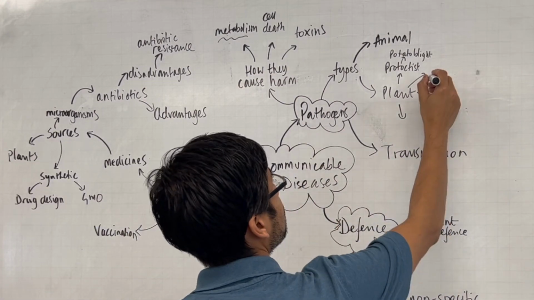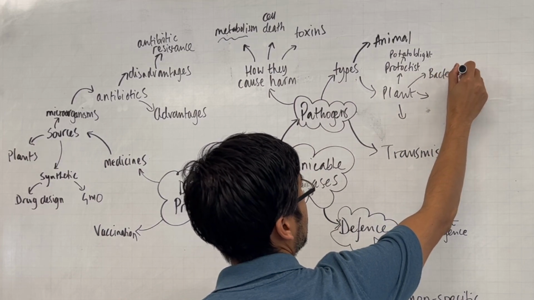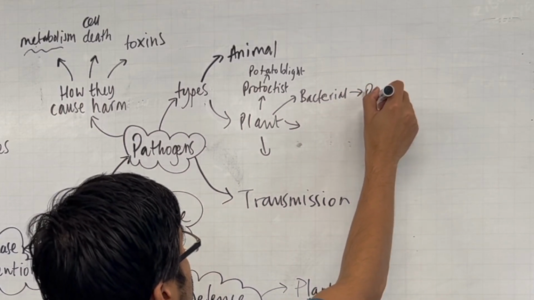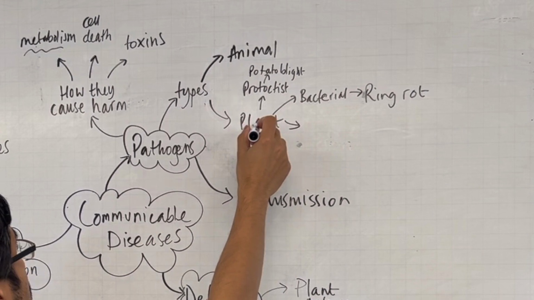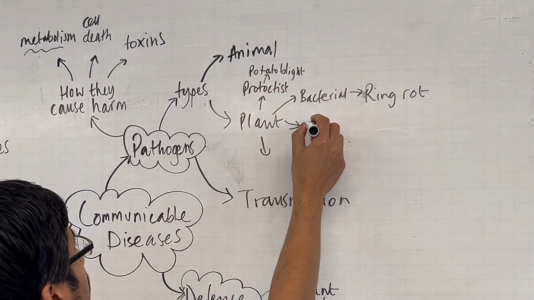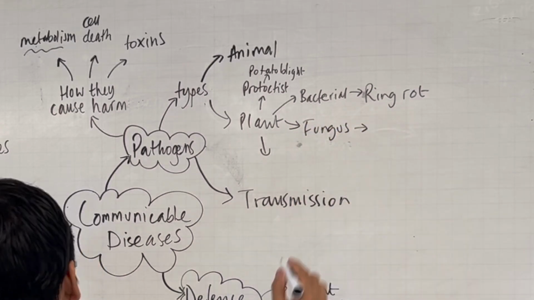Okay, then we have bacteria, so we've got a bacterial pathogen, bacterial plant pathogen. Now, in the case of the bacterial plant pathogen, we have ring rot. Okay, now then, so we've got Protoctist, bacteria, we should have fungus or fungi.